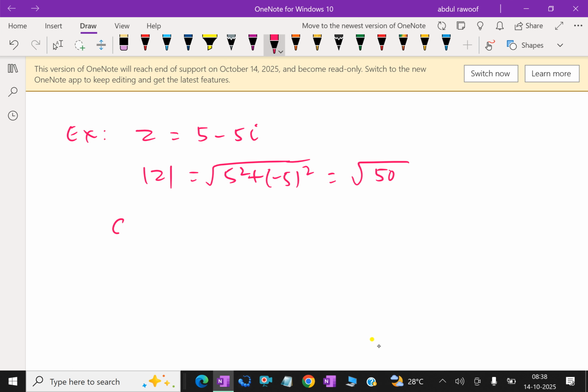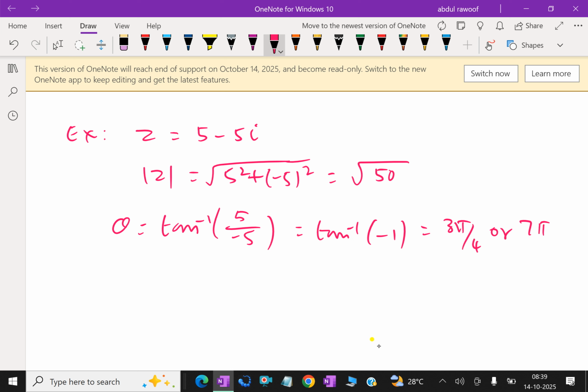Then theta equal tan inverse 5 over minus 5, which is equal tan inverse of minus 1. Of course, it is 3 pi by 4 or 7 pi by 4.